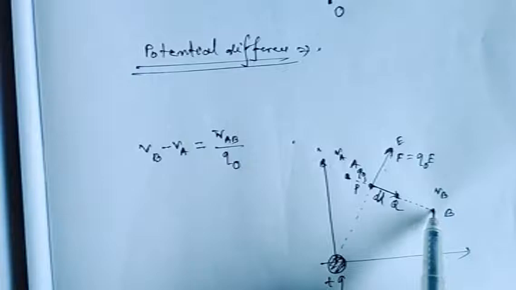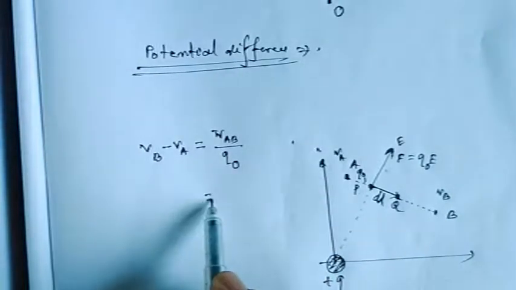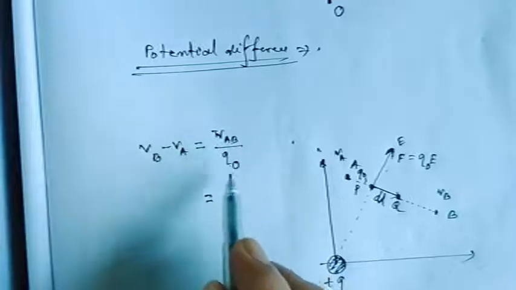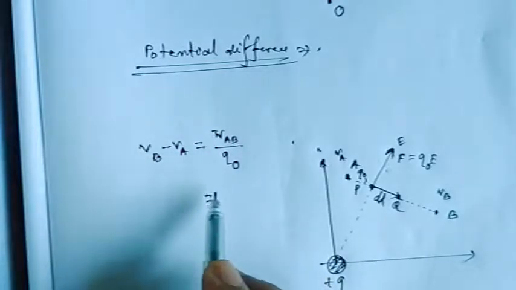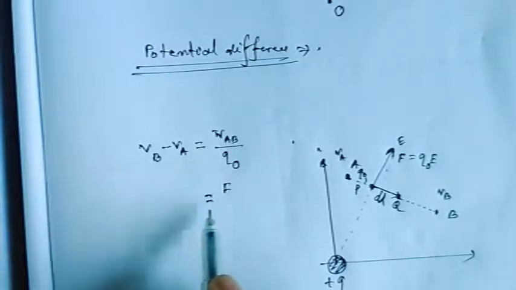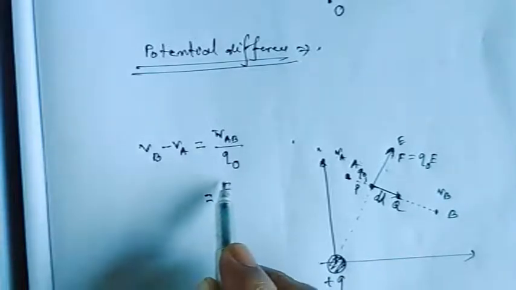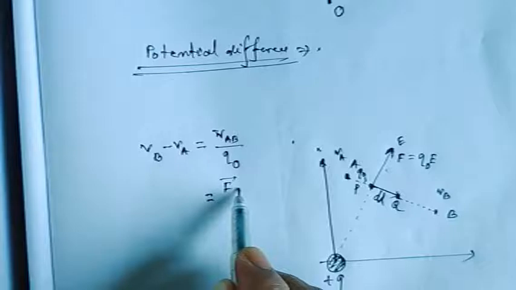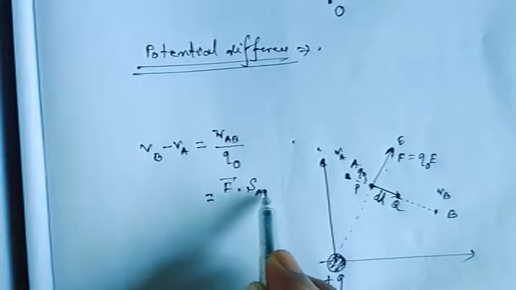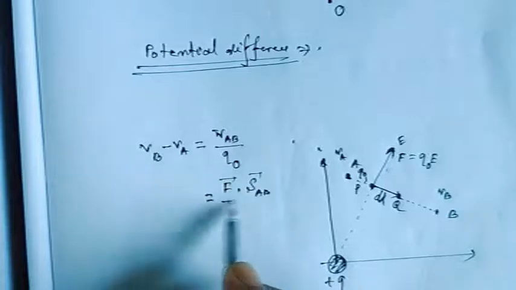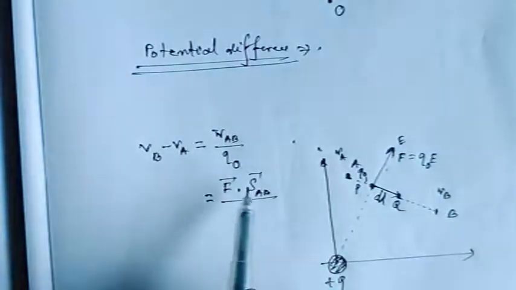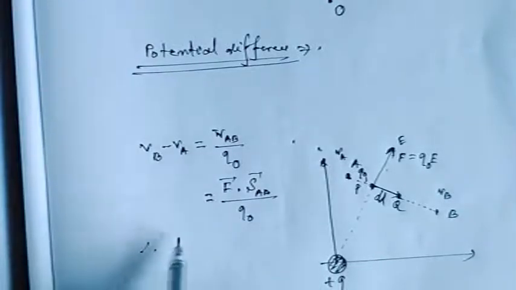Minus Q naught E. Therefore, this work done WAB by Q naught must be F dot S AB vector by Q naught, meaning from A to point B. Now let's find out this work done first.